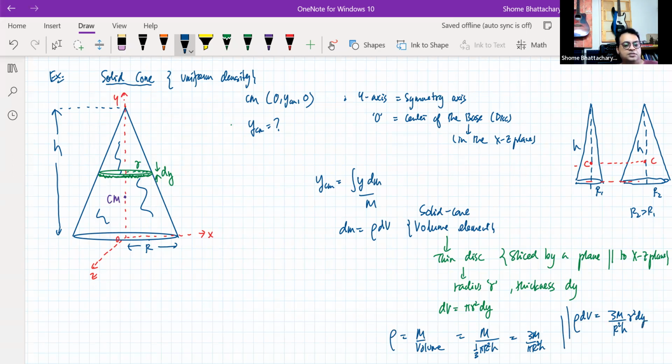So from this formula, it's pretty obvious that we are going to use y as the variable of integration. So we'll have to write small r in terms of y.